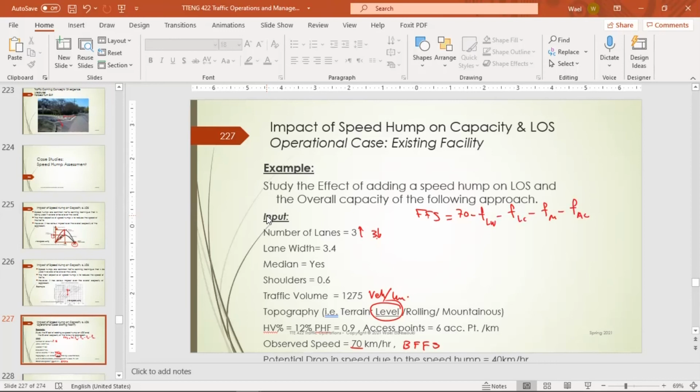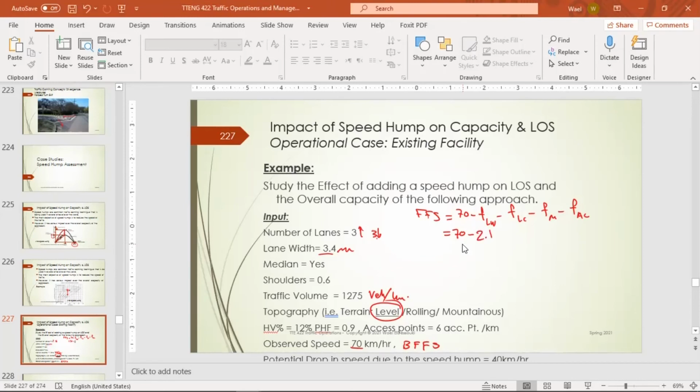So the free flow speed will be 70 minus, for the lane width 3.4 meters, we need an adjustment factor. For 3.4 we have a 2.1 adjustment factor.